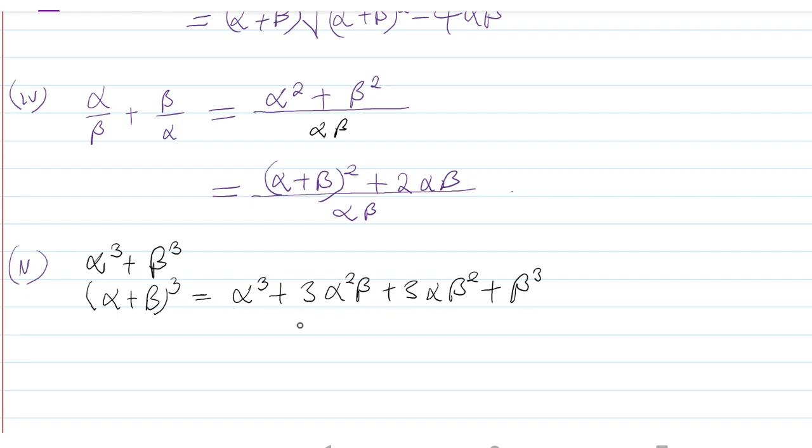If you have not done binomial or Pascal's triangle, you can just expand alpha plus beta, alpha plus beta. You know this, and then the answer multiplied by alpha plus beta. This should simplify to that. Now we are looking for alpha cubed plus beta cubed.